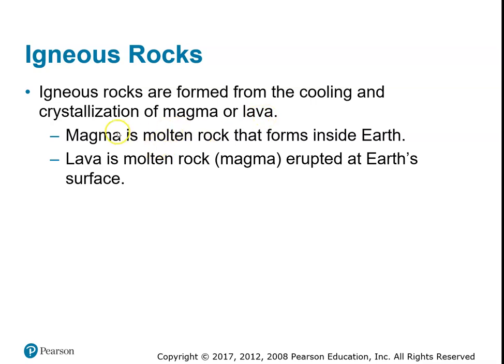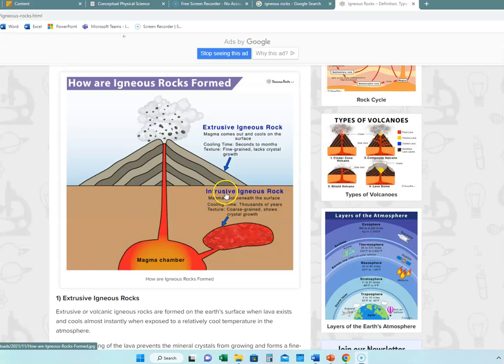So rocks that are formed within the Earth are called plutonic. Another name for plutonic is also intrusive.